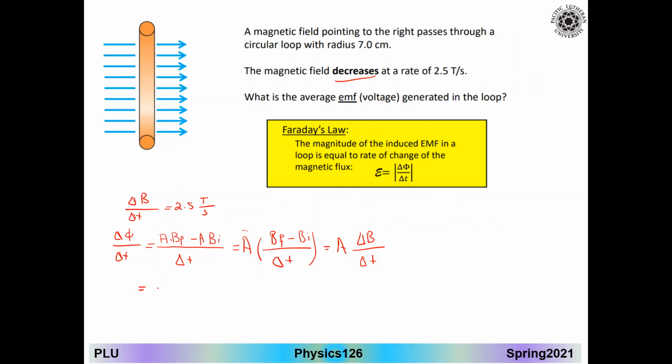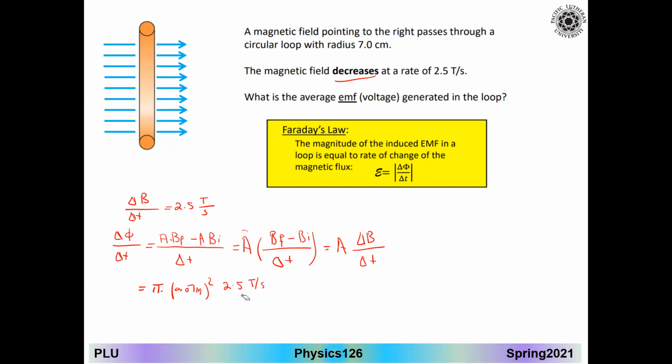So, pi times r squared, 0.07 meter squared, times 2.5 Tesla per second, the rate we are given. So this is just multiplied by this rate.